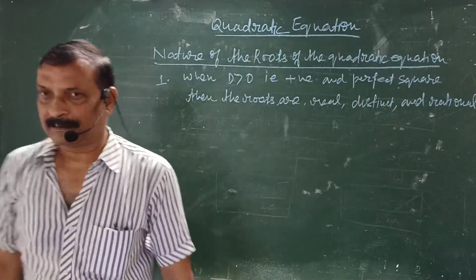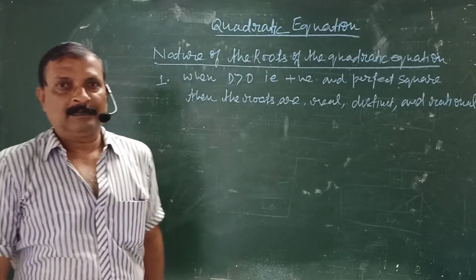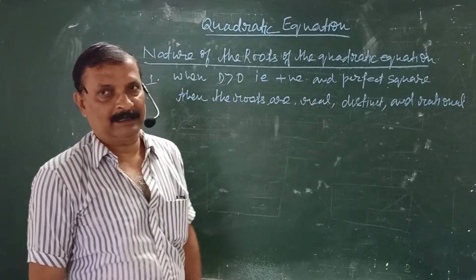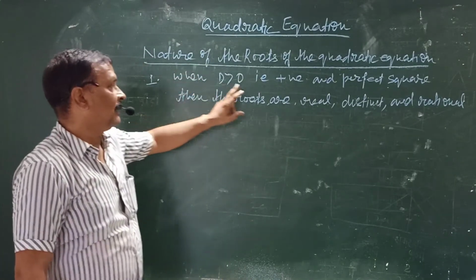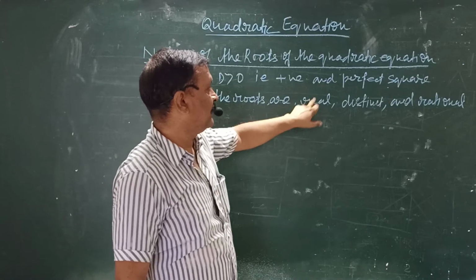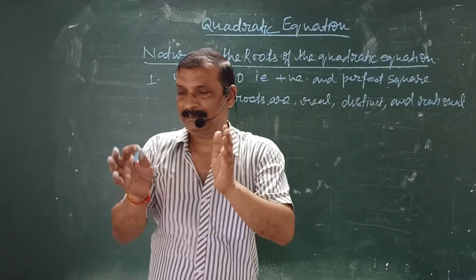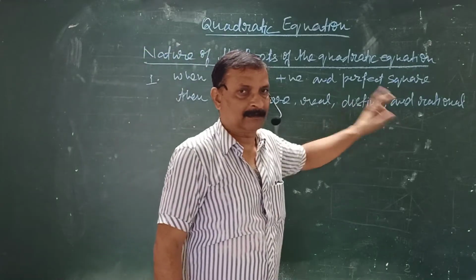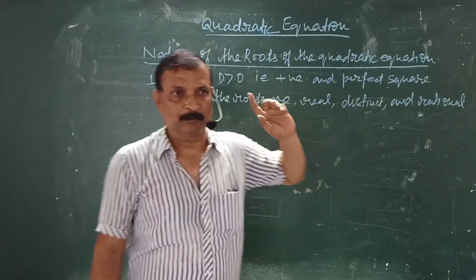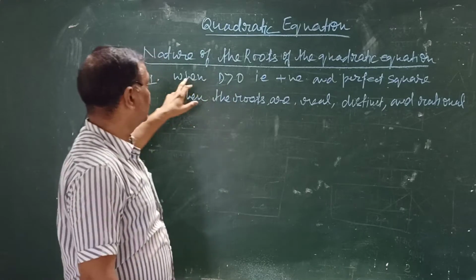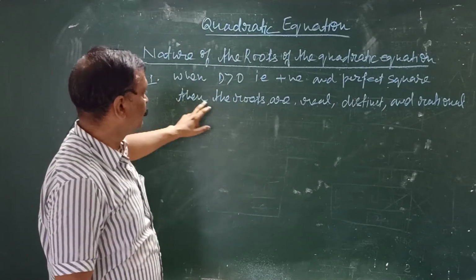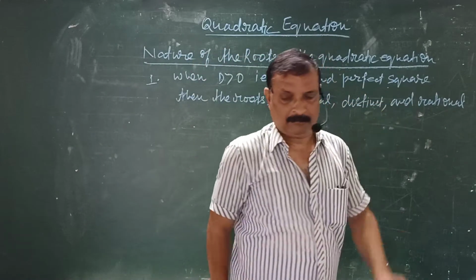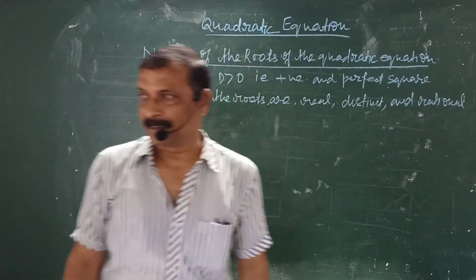When D is greater than 0, i.e. such that positive, if D is positive and perfect square, then the nature of the roots are real roots है, distinct है, मतलब दोनों x की वैल्यूज या वेरिएबल की वैल्यूज अलग अलग आएंगी, and rational. तब हम ये 3 पॉइंट्स लिखते हैं नेचर ऑफ रूट्स में. क्या कंडीशन रहेगी? When D is greater than 0 then the roots are real, distinct and rational. The first point is that.